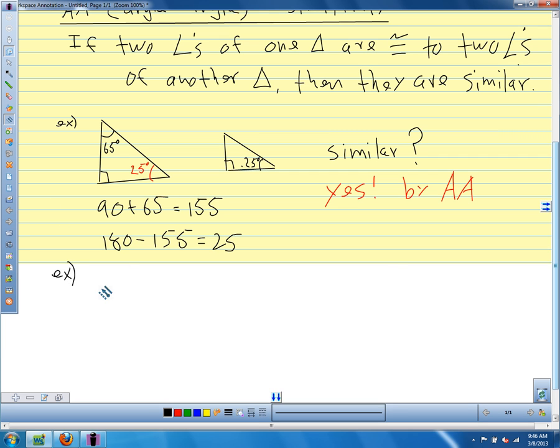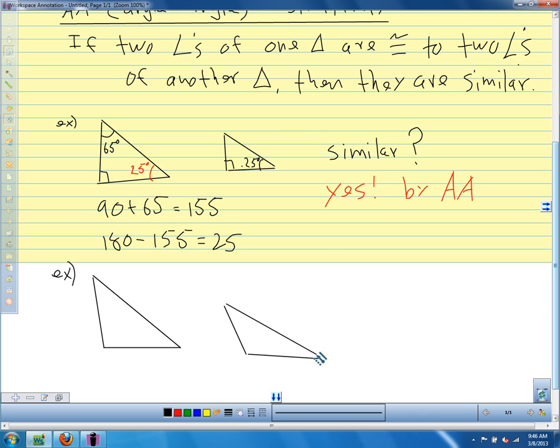Here are my triangles for this one. And this angle is 105. That angle is 105. That's 45.